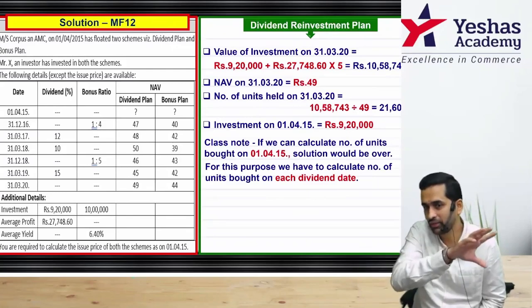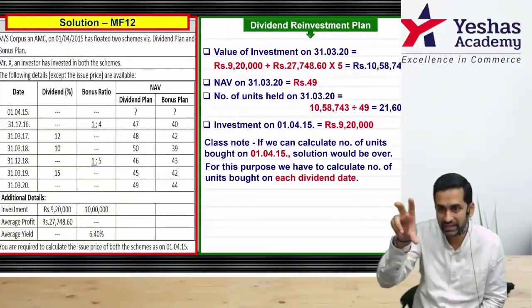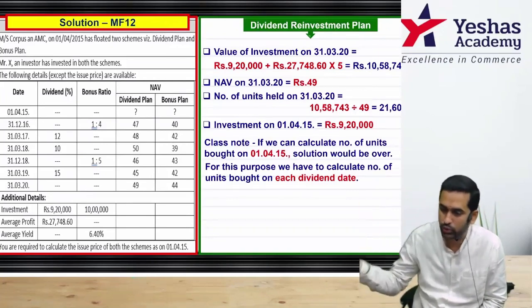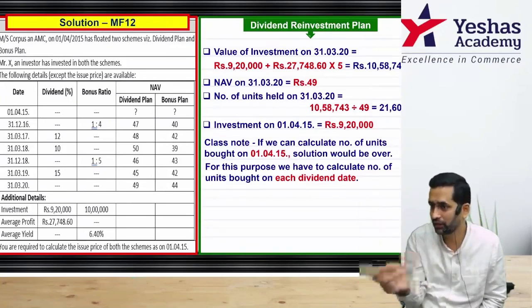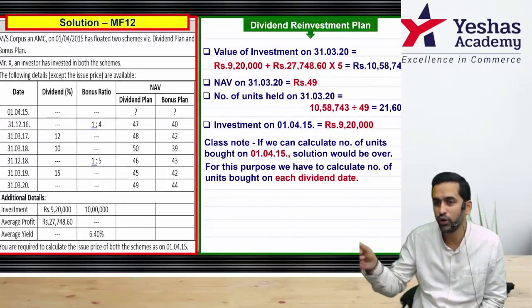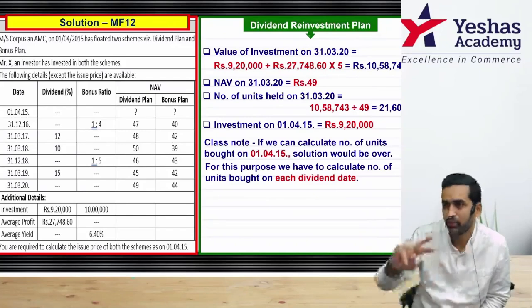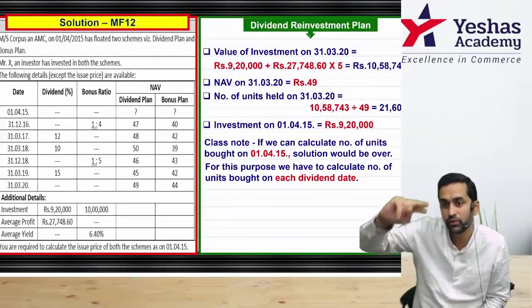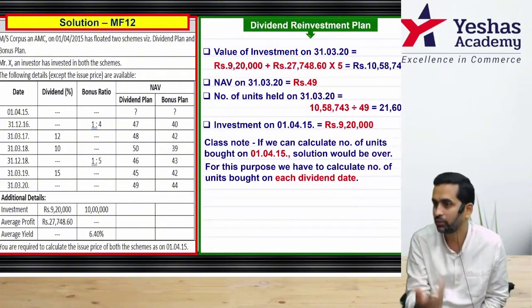That means calculation will flow something like this. Units before dividend plus units added is equal to 21607. Let that be X, and from there you can find out, but that won't be final answer. By doing this one equation, you will get to know how many units he had before latest dividend. From there you have to go one more step behind. 3 steps behind, because 3 times dividend was reinvested.